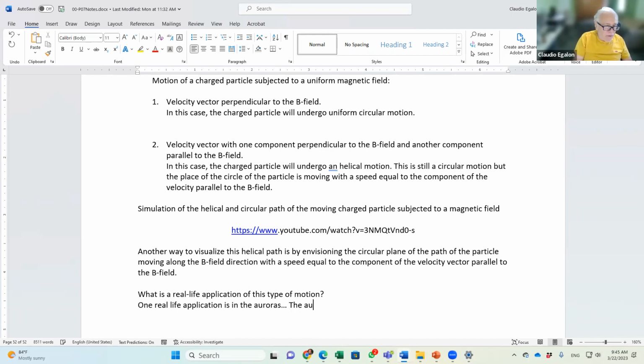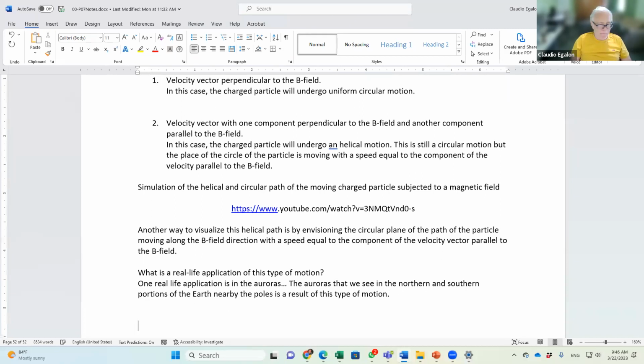The auroras that we see in the northern and southern portions of the Earth, nearby the poles, are a result of this type of motion.